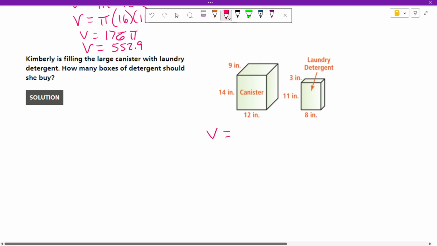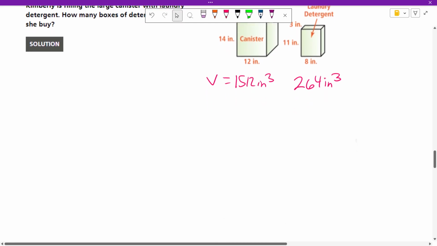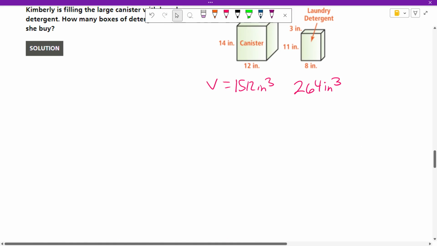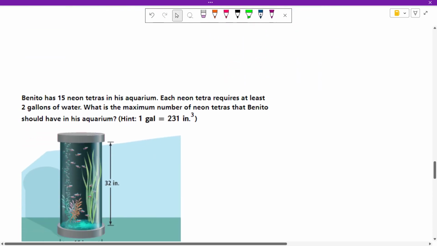We just take 9 times 14 times 12, and we get... the little one, 8 times 11 times 3, which is 264, right? We divide, and we should get, I don't know what we get. 5.7. Okay? Pretty easy.